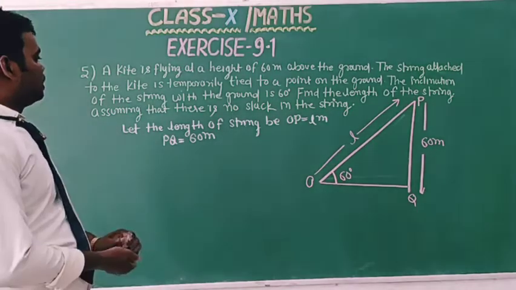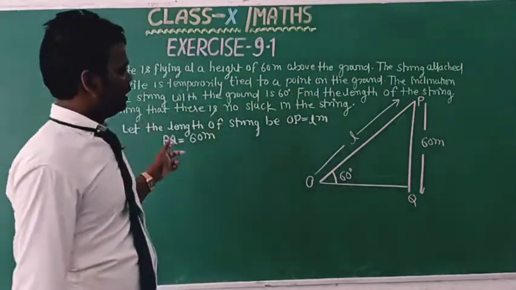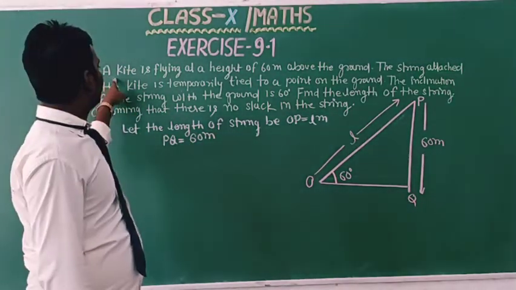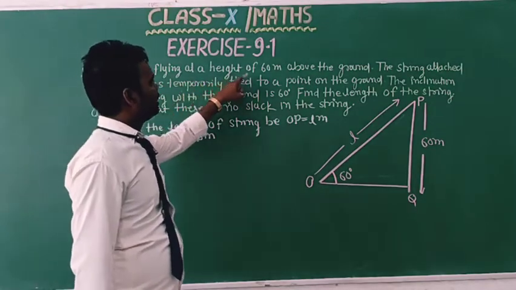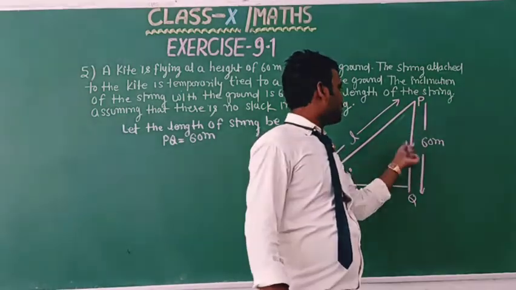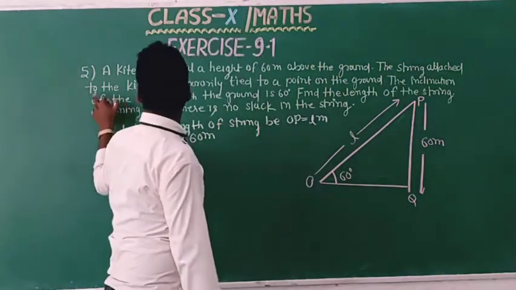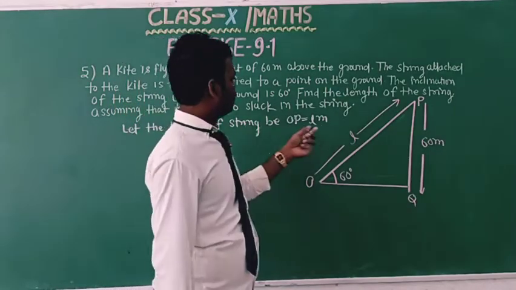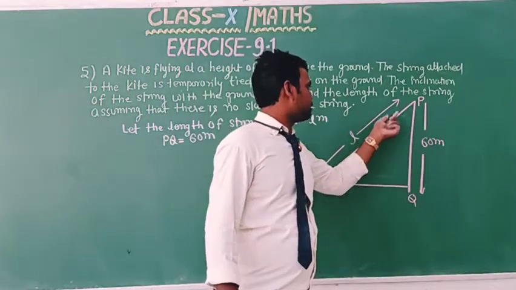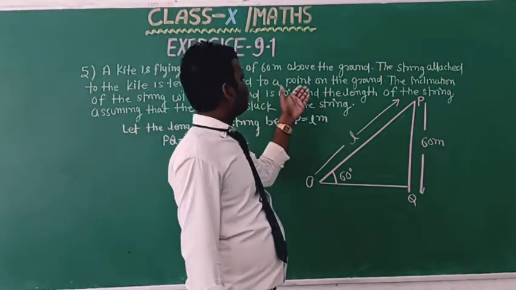Dear children, I repeat once again this figure. The kite is flying at a height of 60 meter. So this is the position of the kite which is flying at 60 meter above the ground. OP is the length of string which is attached to the kite and temporarily tied to a point on the ground.